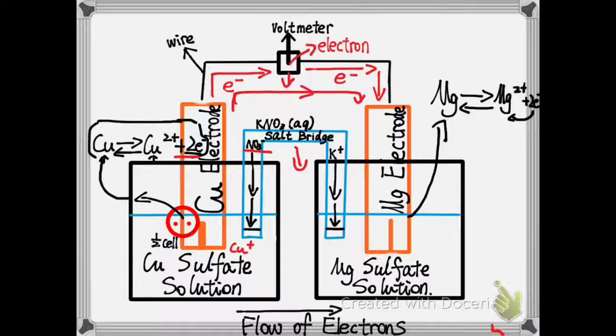It carries negative charge. So it goes this way, and the copper sulfate solution goes this way, and here it reacts and stops there. The salt bridge helps to balance. And the same thing happens here.